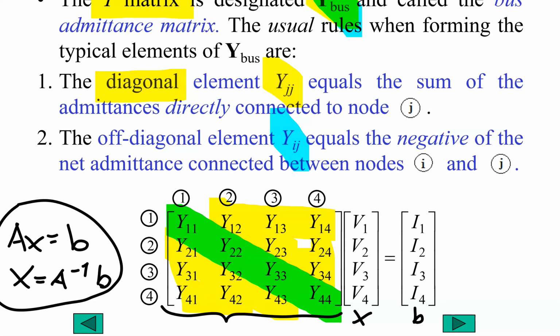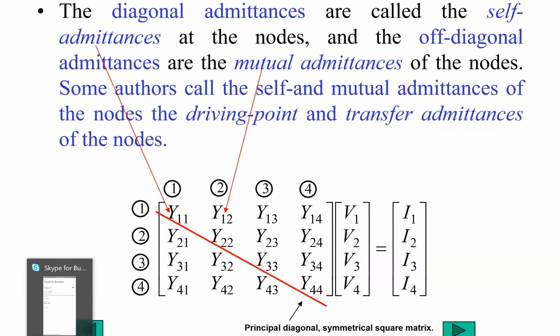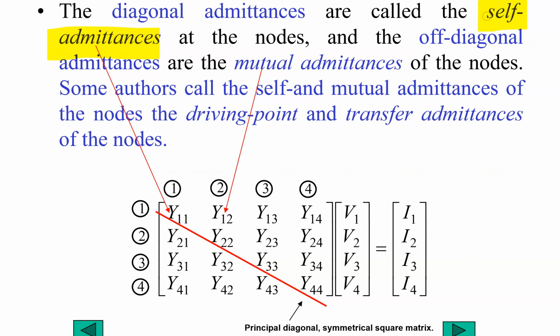So this is a special way to actually construct these matrices. And of course, the X vector is now the voltages, the variables, and the B vector is now the currents. The self-admittances, we call them, are highlighted here, on the diagonal, as you can see here.